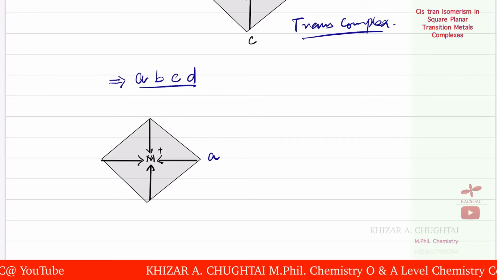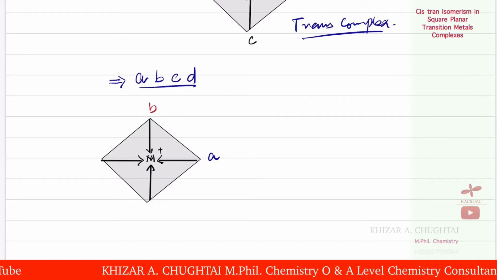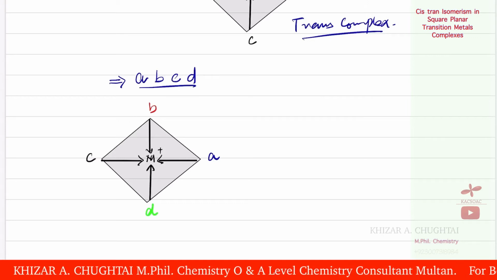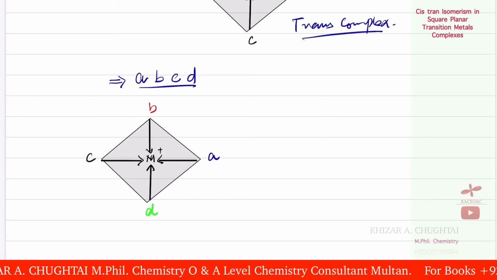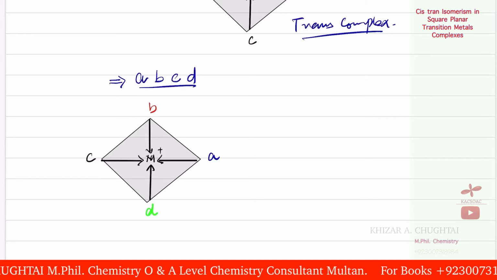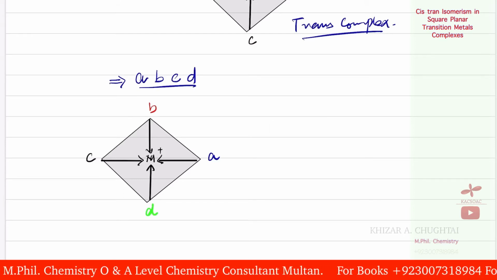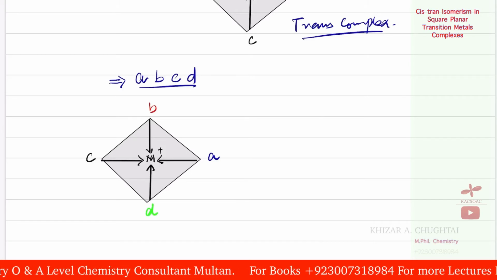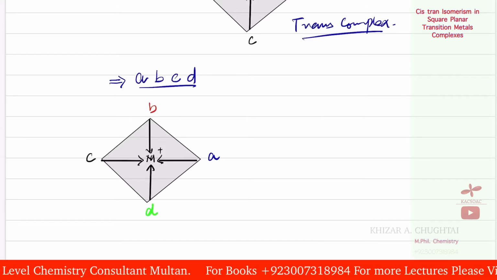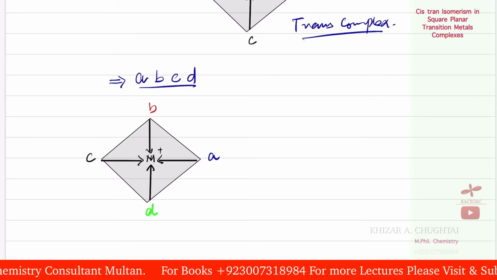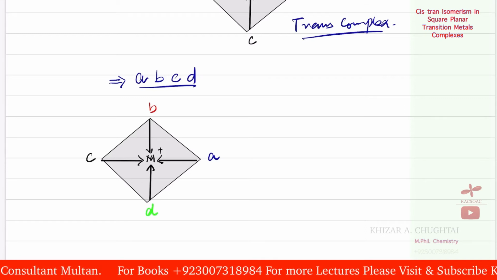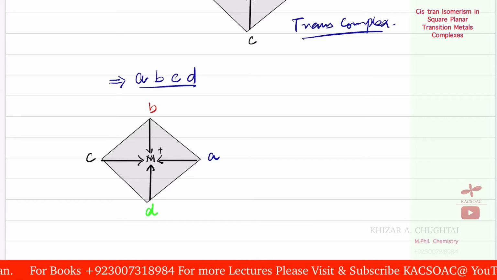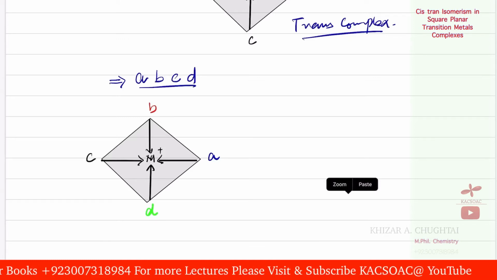A, B, C, D, so there are all four different ligands. In this case, yes, there is the possibility of cis-trans isomerism. As I have told you, there must be two or more than two different ligands, and there must be no three similar ligands. So this is the one molecule that I have written here. What is the second isomer?